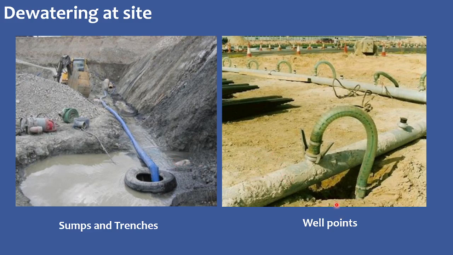We can also take the help of well points. If the water table is at a particular depth, we can't go for sumps and trenches. So there we apply a pipe, and these pipes are further connected to subdivisions. These subdivisions are lowered into the ground.